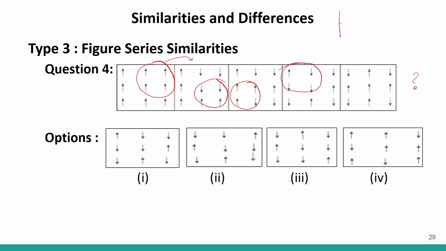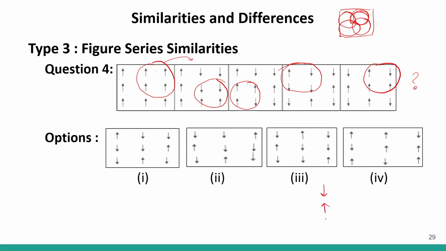So here, let's say if this was a square, first this position was changed, then these 4 positions were changed, then these 4 positions were changed, and then these 4 positions were changed. So now we'll come back to the same pattern and change these 4 positions. Correct? So if I change these 4 positions, my arrows will be something like this.